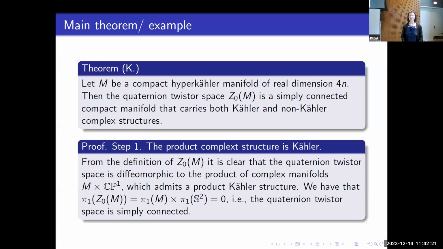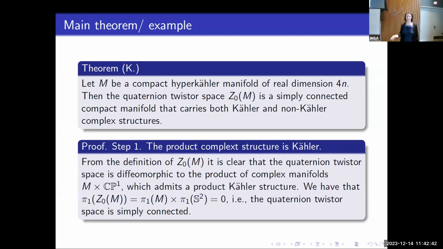So one of the parts is very simple. From the definition of the quaternion Twistor space, it is clear that if you take this basis I, J, and K, the unitary quaternions, then this gives you a trivialization.